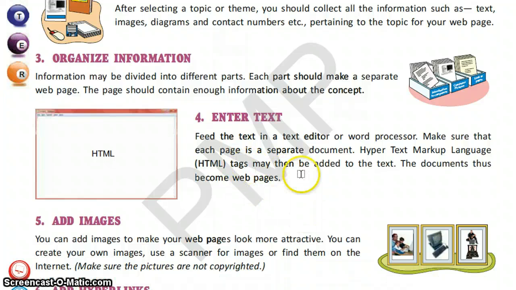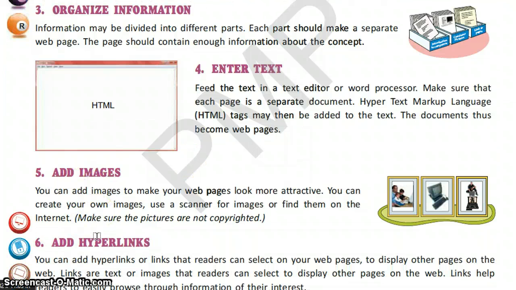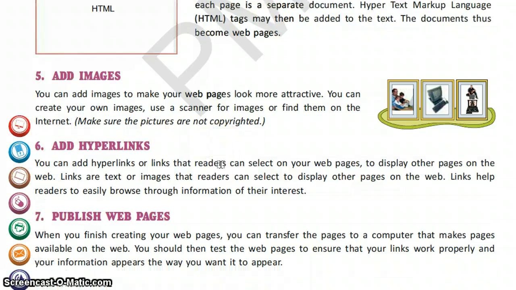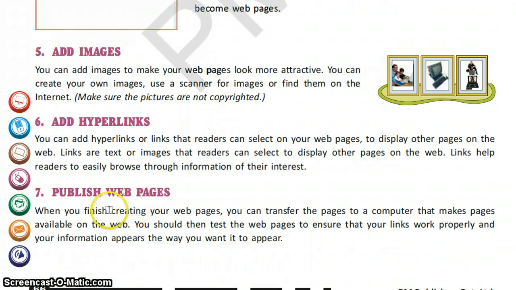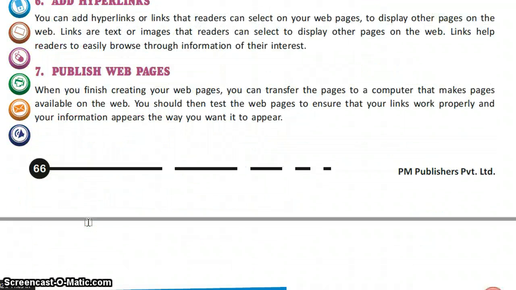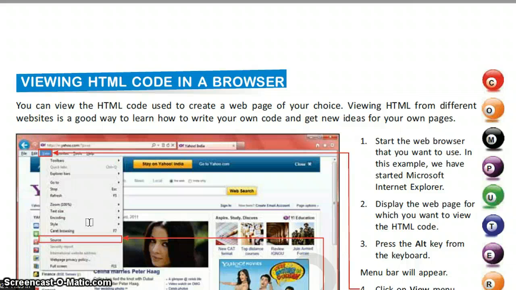So this is entering text. After entering all the text and tags, add your images. And after adding images, you have to add specific tags to those images also. Then add hyperlinks. And the last step is to publish your web page. So these are the steps to create your HTML document.